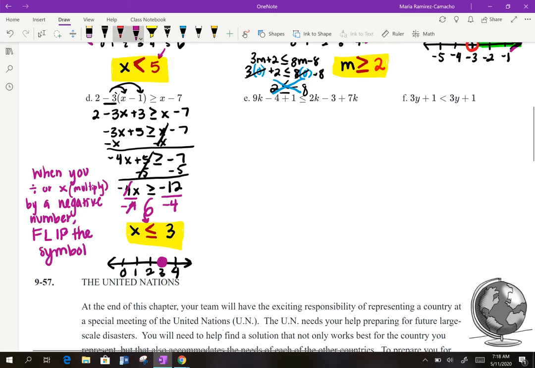And so if it looks like it's pointing to the left, then I'm going to shade towards the left. Again, and that only works if x comes first in your inequality. Okie dokie. Let's keep going. Combine like terms here for part E.